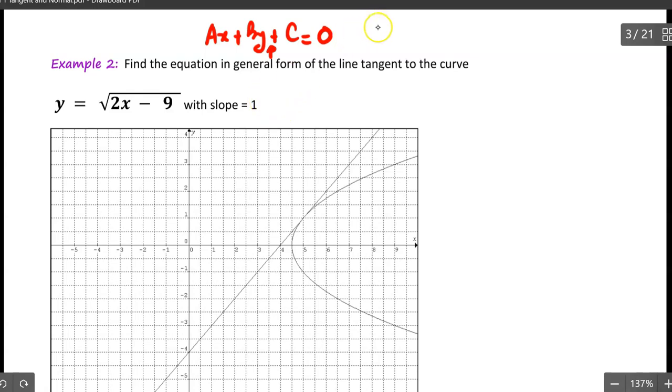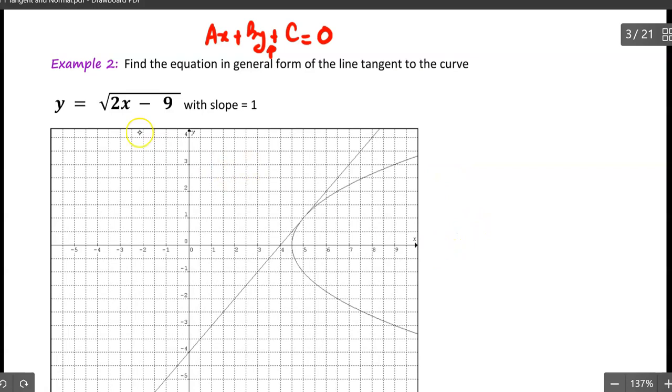As soon as you see the line tangent to the curve, you know that it is about the slope. You have to find the slope so that you can write the equation in general form. So how do you get the slope? You differentiate the equation. Your dy over dx will be the slope.